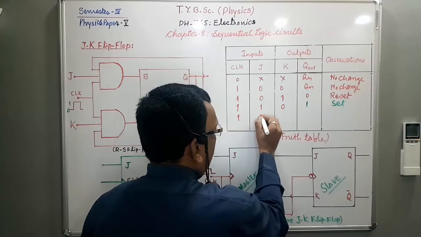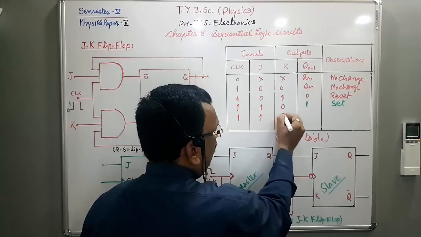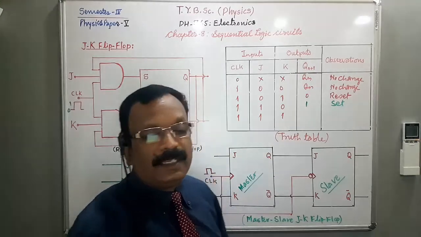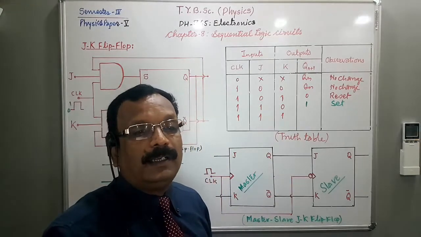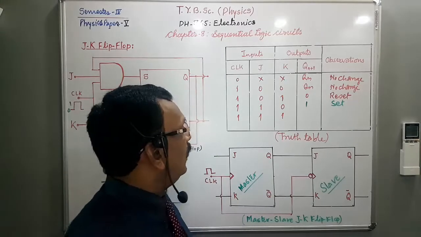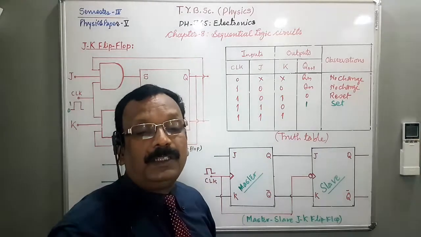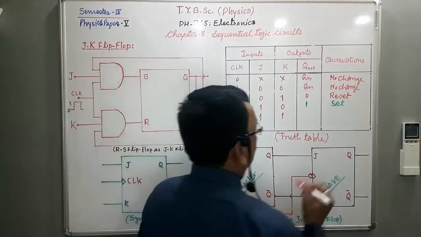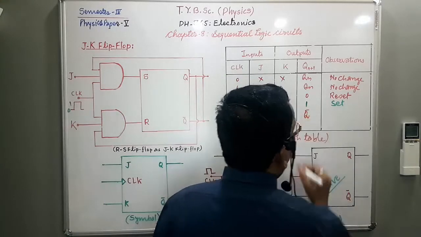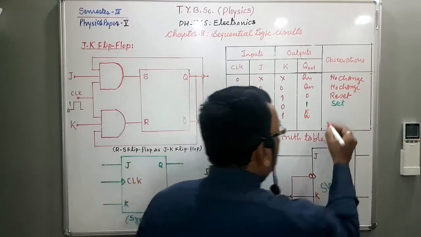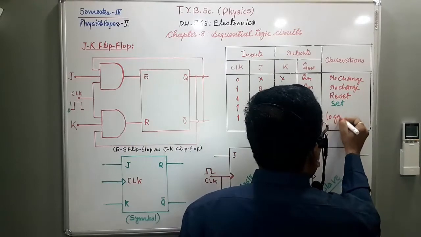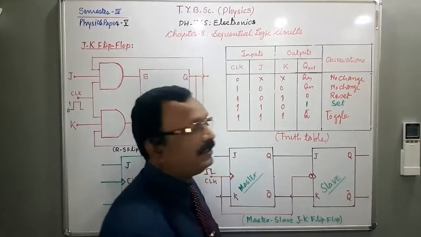Now the last condition, when both the inputs are high, that is the clock pulse is high, and J is 1 and K is also 1. At that time what happens? Output is Q bar, and the condition is toggle. Observation is toggle state.